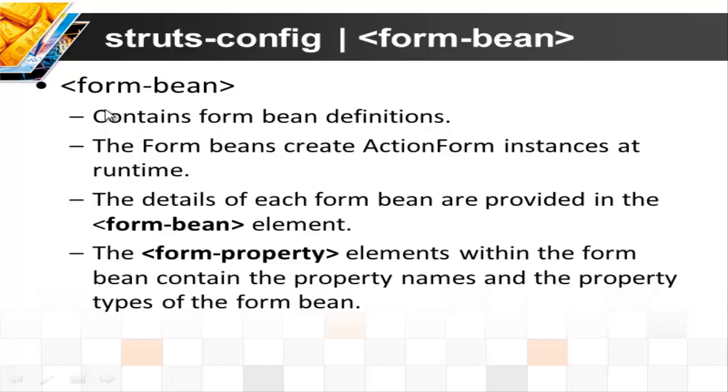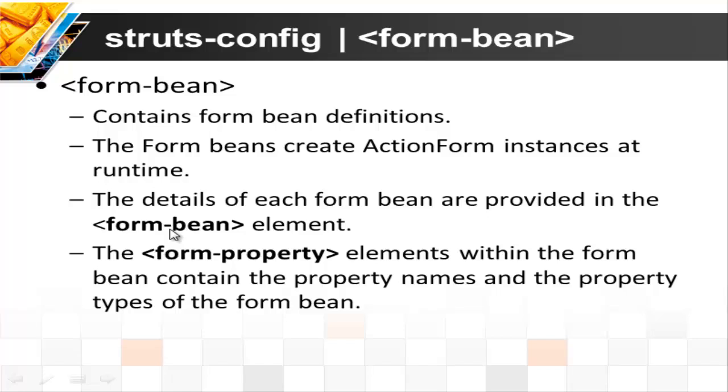The details of this action form will be available under the form bean section, and optionally you can specify the properties. We have not done that example in the lab. What we have done in the lab is we created a class called an action form particular, and then we added the getters and setters directly into that Java class.